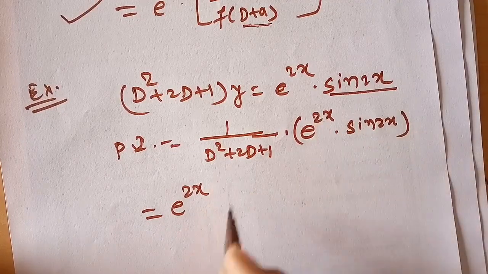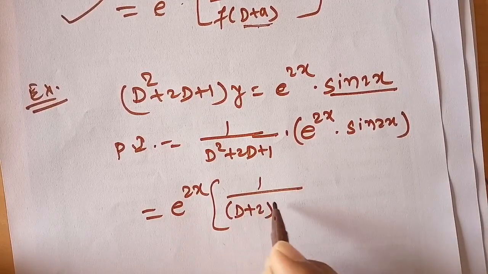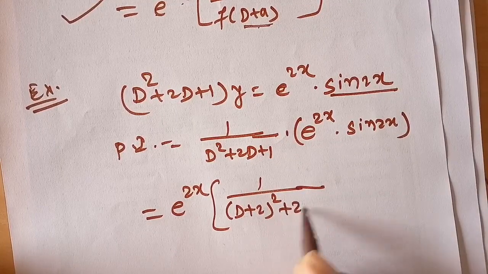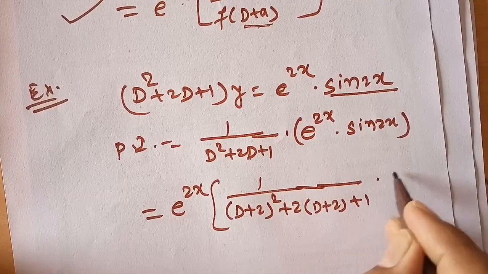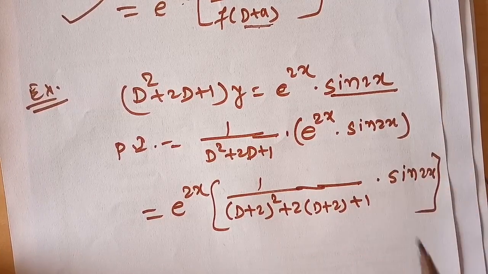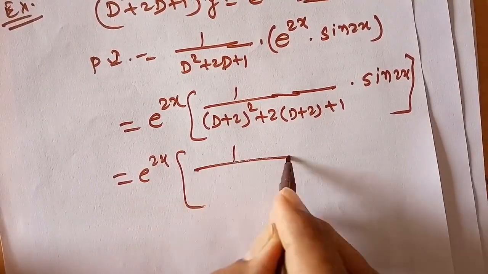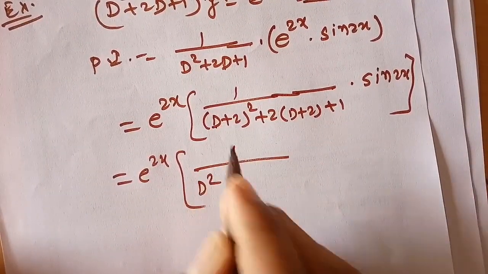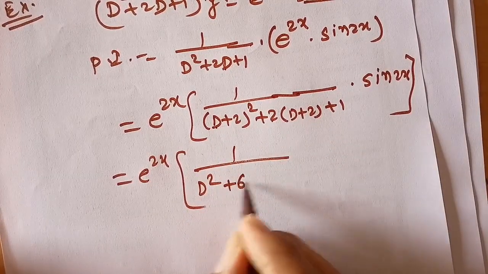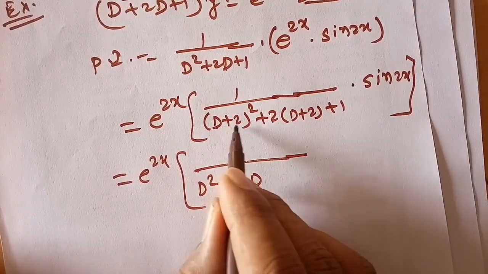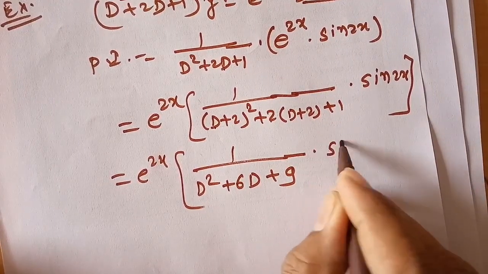Therefore I will write this as 1 upon (D + 2)² + 2(D + 2) + 1 into sin 2x, which is e^(2x) times. I will simplify this: D² + 4D + 4 plus 2D + 4 plus 1, so D² + 6D + 9 into sin 2x.